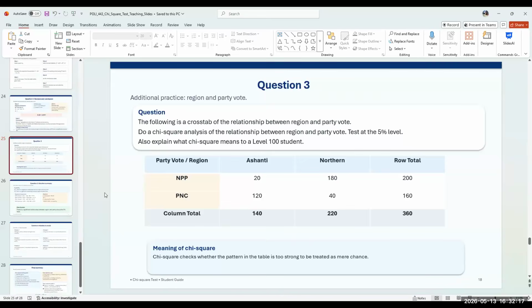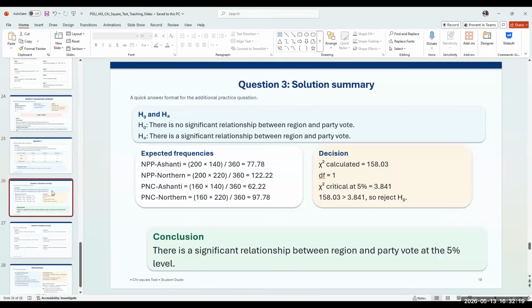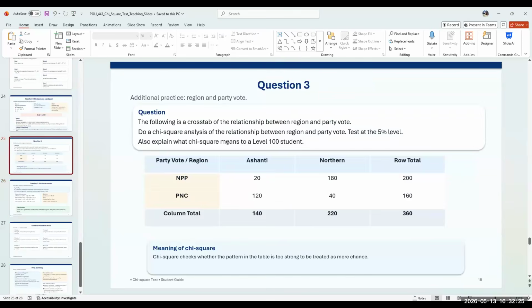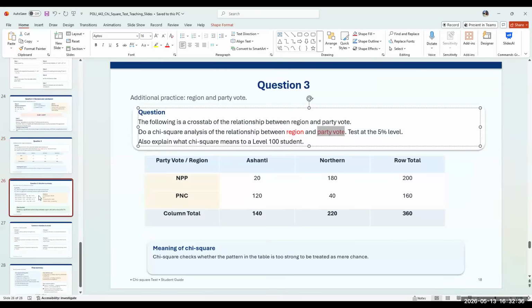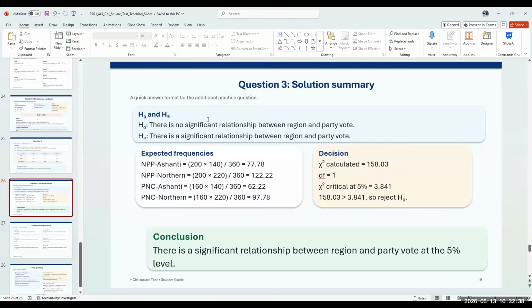So this is how we got it, and then made the chi-square. Step 1, the HO: there is no relationship between region and party vote. We have region here, and party vote here also. Good. So you say there is no relationship between region and party vote, and HA says there is a relationship.